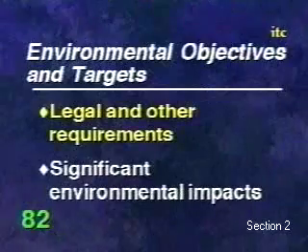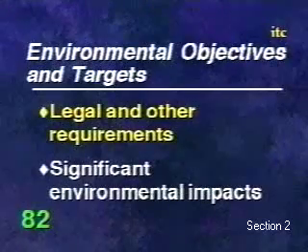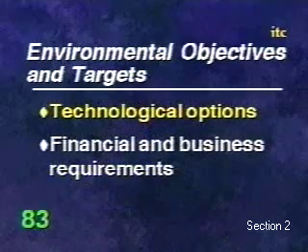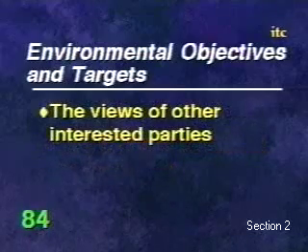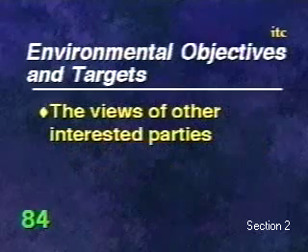When looking at objectives and targets, you may want to consider legal and other requirements, significant environmental impacts, technological options, financial and business requirements, and the views of other interested parties. Objectives and targets must be consistent with the organization's environmental policy and commitment to pollution prevention.